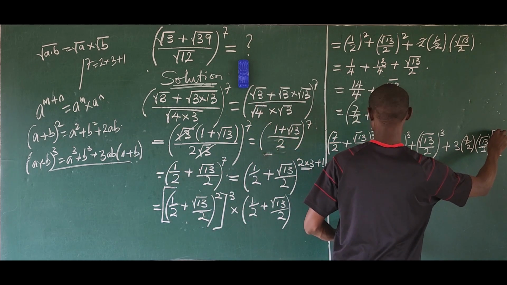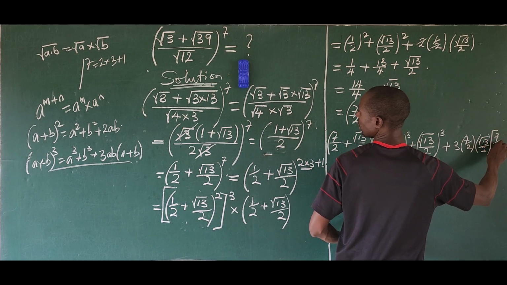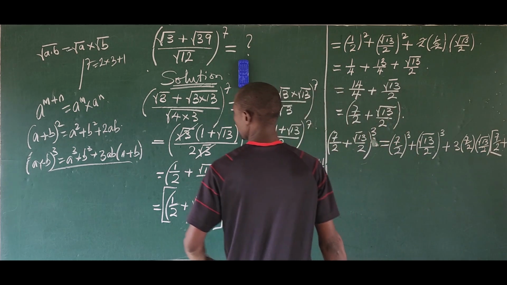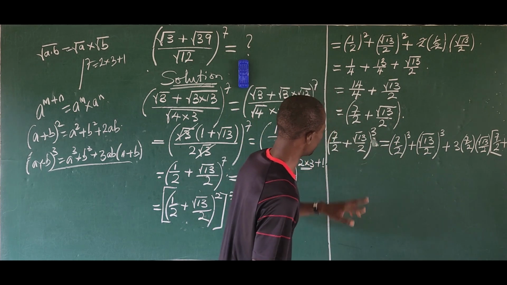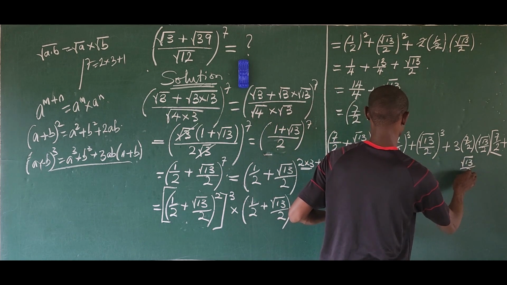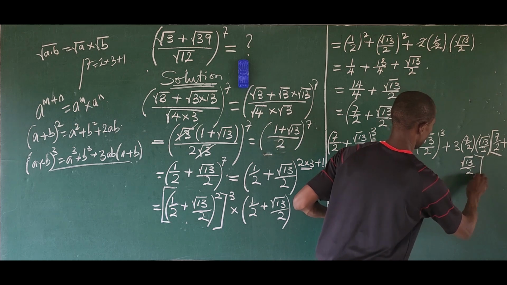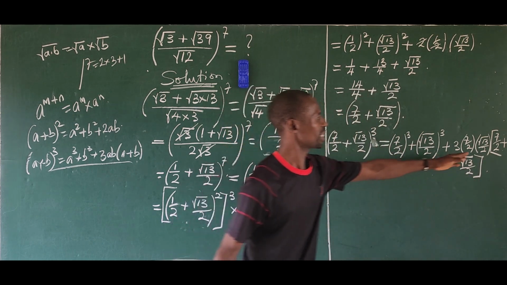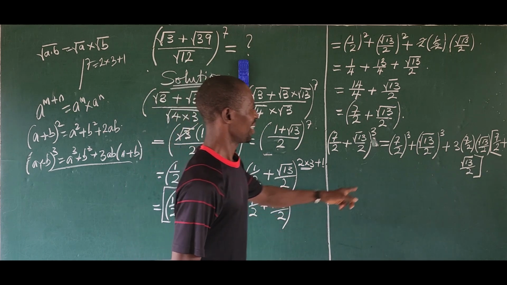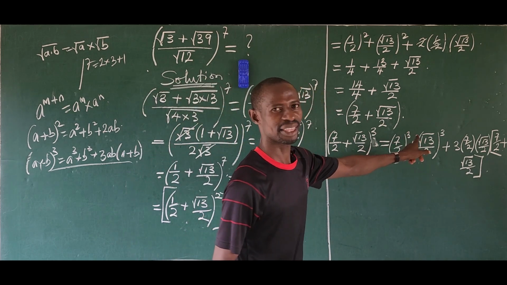Our a is 7 all over 2, right? Then plus, then our b. What is our b? Root 13 all over 2. Then square bracket close. All right, so let's manage this. Is this visible? All right, so let's go on here. Now, what is 7 to the power of 3?